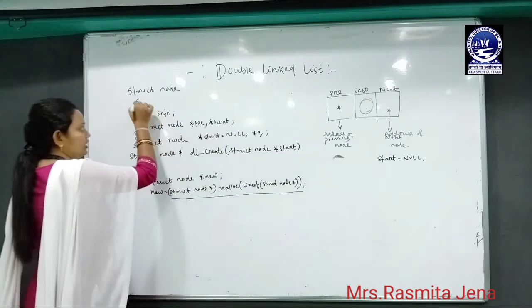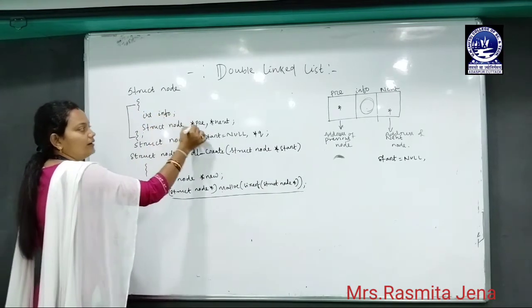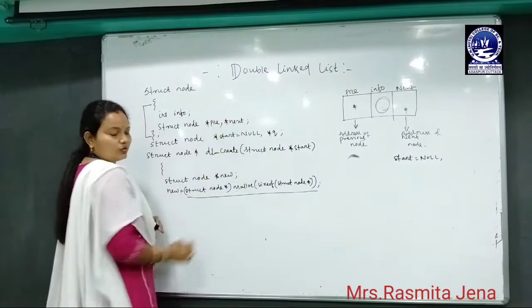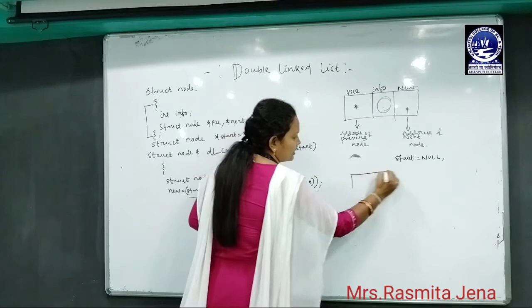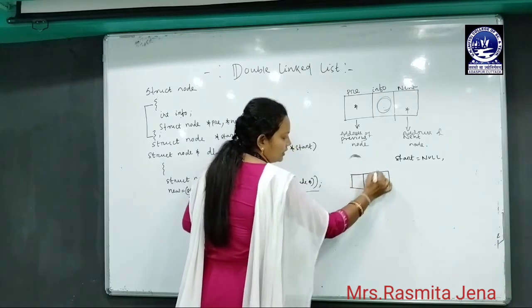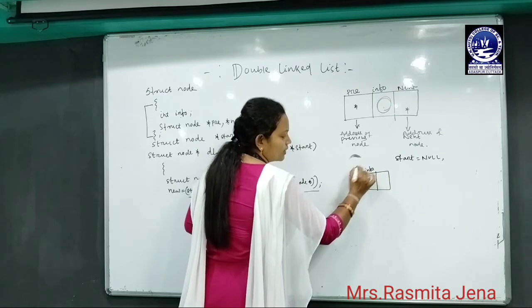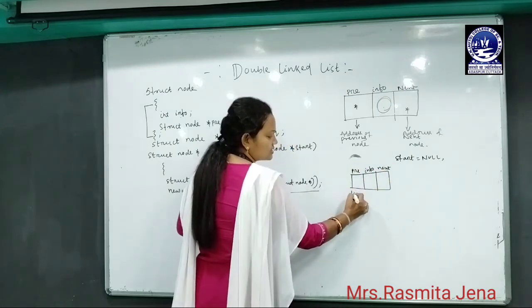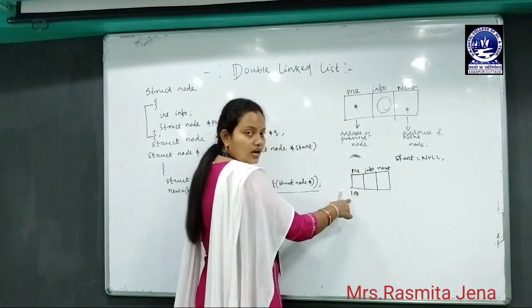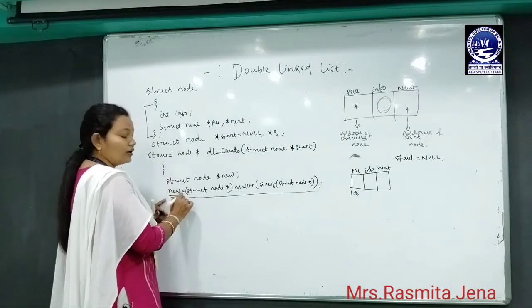When I declare this, that means this malloc function is used to create the node of struct node type. You can see the struct node type structure has one info part and two address parts. That means when I execute this, it will create a node containing one info part and two address parts, one is pre and another one is next. Suppose this is created at memory location 100, and this will be held by the variable new.